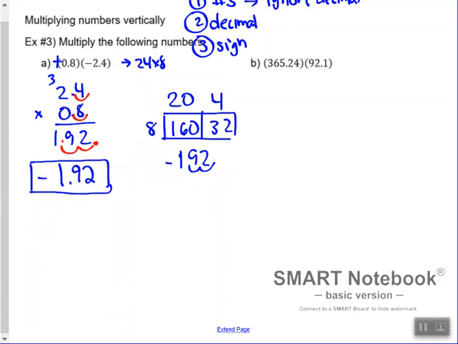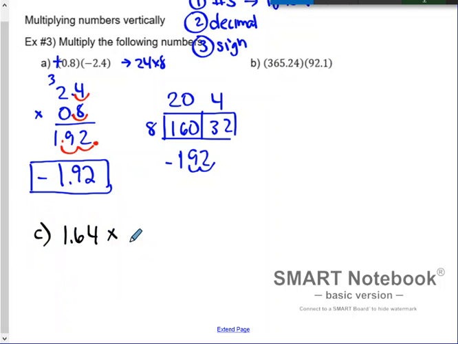So you can use our area model as well if you are more comfortable with that. For our next example, I'm going to skip this one for the moment and do another one down here. I'll label it C on yours. We're going to do 1.64 times 35. Okay, so slightly larger number.